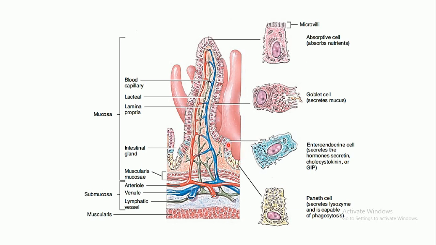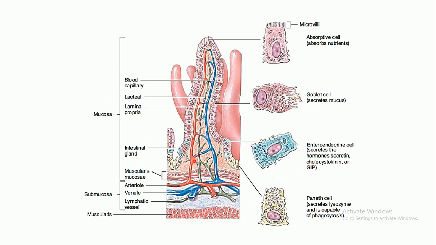Okay, so there is a specialized type of cell known as the Paneth cells, which secrete lysozyme, which is capable of phagocytosis. Another type of cell which is located here are the enteroendocrine cells: S cells, which secrete secretin, CCK cells, which secrete cholecystokinin, and K cells, which secrete GIP.